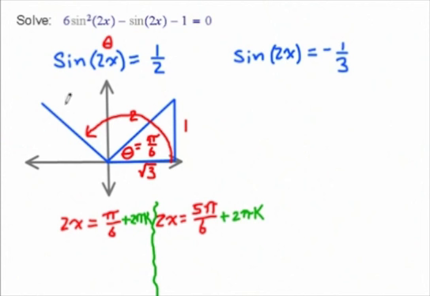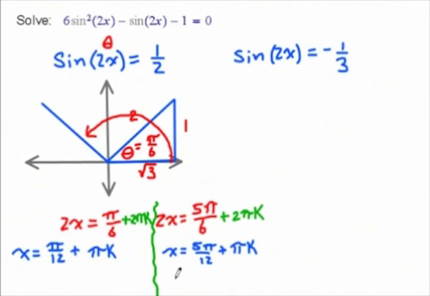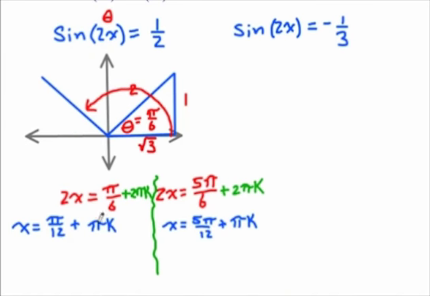Alright, so if we solve for x, divide both sides by 2, we're going to get pi over 12 plus pi k. And over here we're going to get x is equal to 5 pi over 12 plus pi k. So let's just pretend that this is for all values of x between 0 and 2 pi. Well, if we let k equal 0, we're definitely going to get pi over 12.